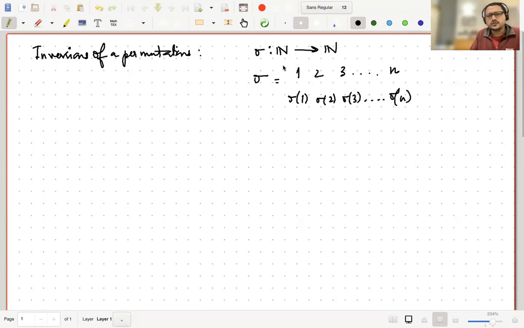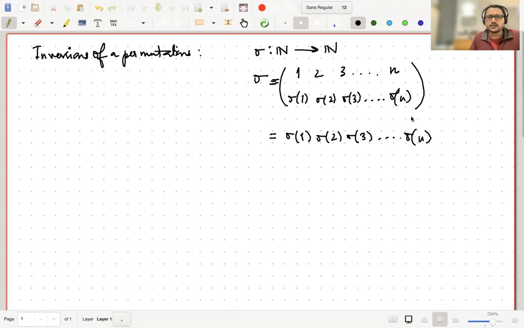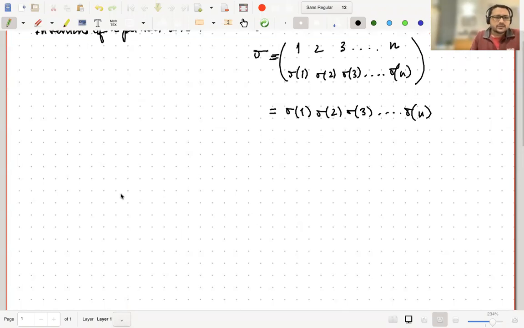This is the notation that we are going to use, but another notation that is much easier is to just write the sigma i's.